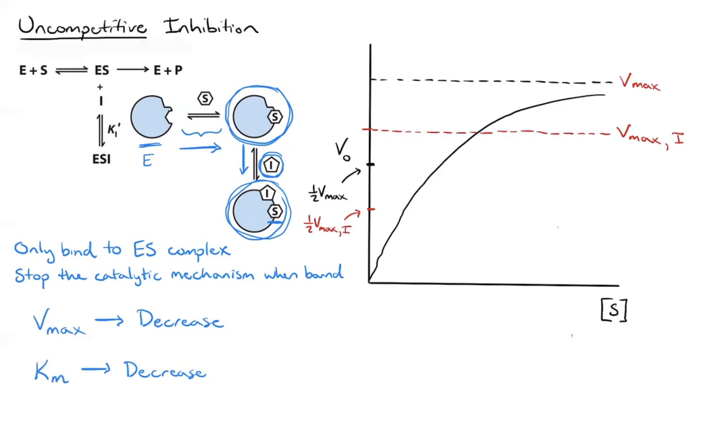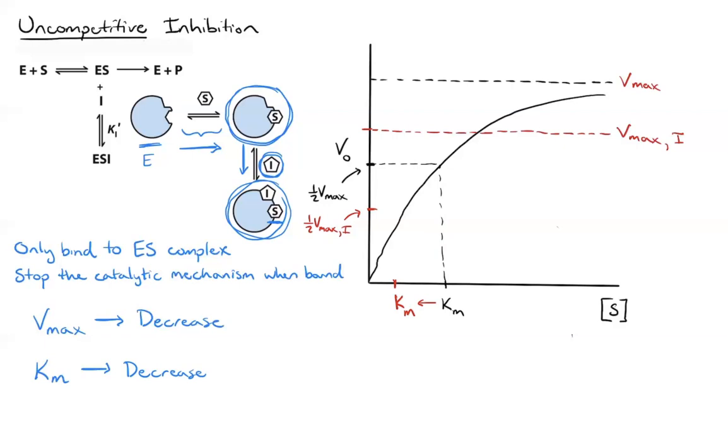Okay, so along with this, we are going to highlight where our Km should be. And let's just do that for our original curve. Then we can figure out where to put our inhibited Km. Okay, if Km gets smaller, that means Km has to shift to the left. So we're going to end up, let's say, somewhere like that.